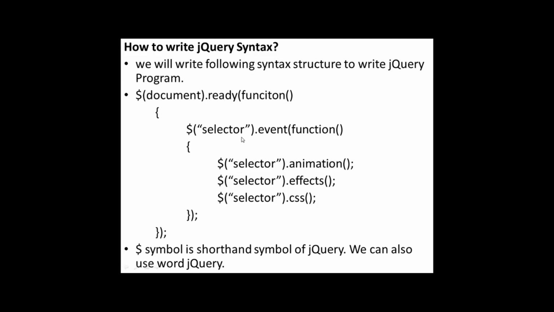There are different selectors defined for jQuery to handle events or animations, or to manage effects, or to give CSS at the runtime of the HTML document. So this selector word is used to select an HTML tag.